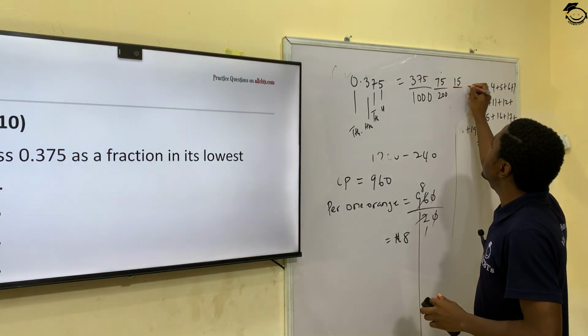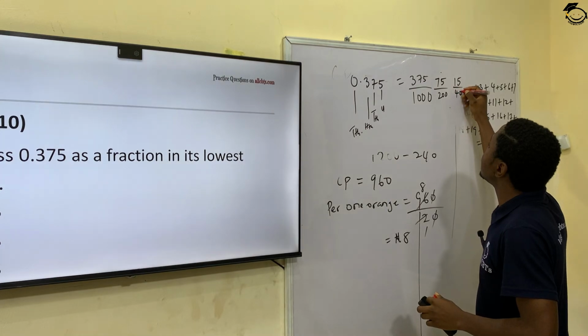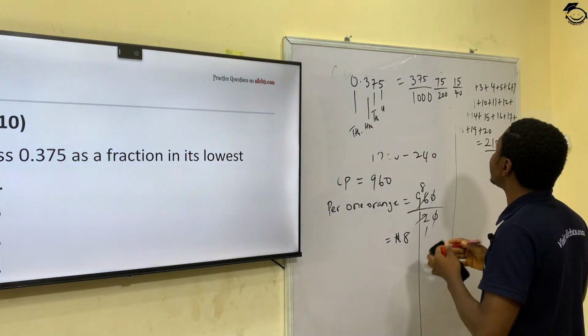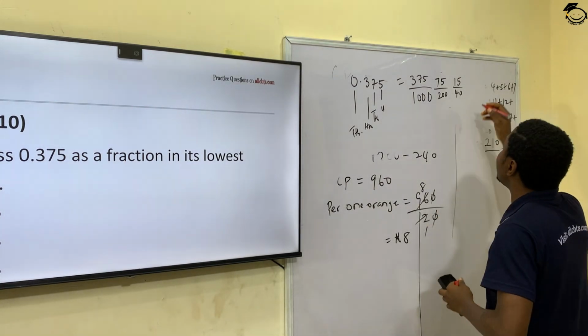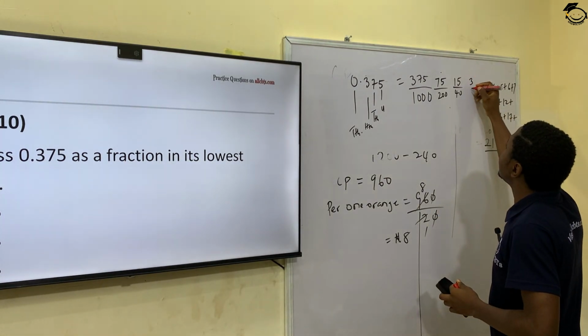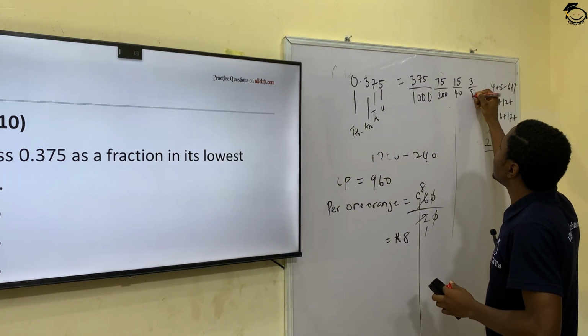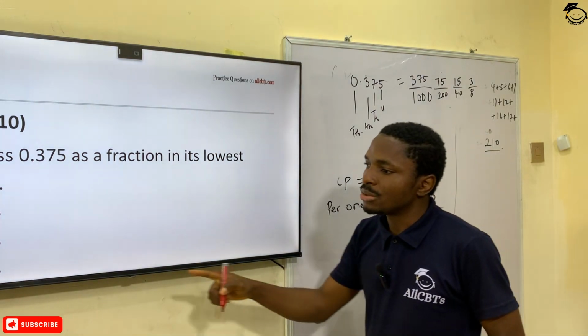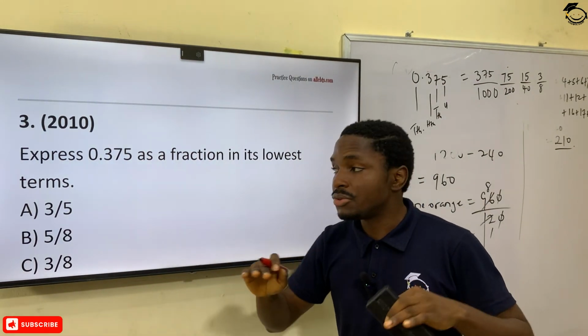And 5 in 200, you have 40, right? 5 can still go. 5 in 15, you have 3. And 5 in 40, you have 8. So the correct option is what? 3 over 8. So we have divided it to its lowest term.